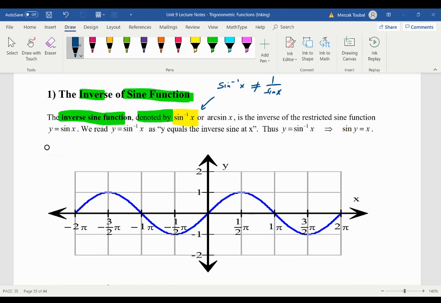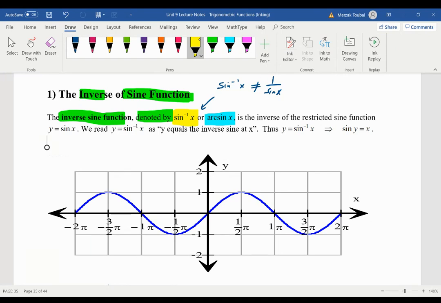But this notation always refers to the inverse of sine, unless stated otherwise. So do not treat sine inverse as the reciprocal of the sine function, which is 1 over sine. This is not correct. There is another notation, which is arcsine. Arcsine also means sine inverse.